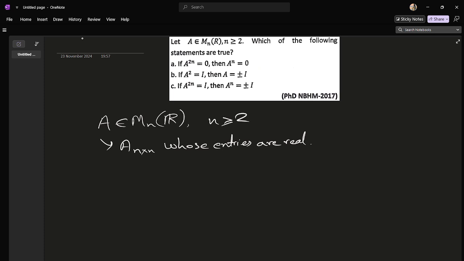First statement: if A to the power 2n is equal to 0, then A to the power n is equal to 0.